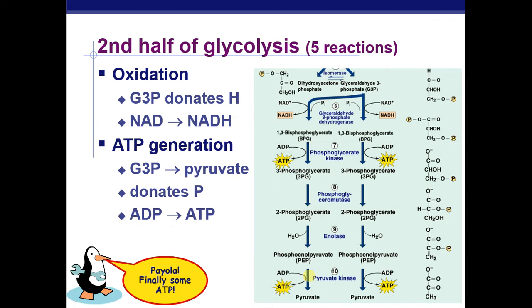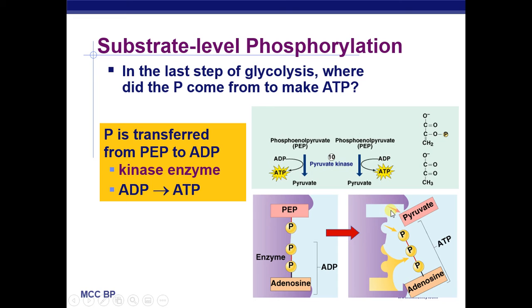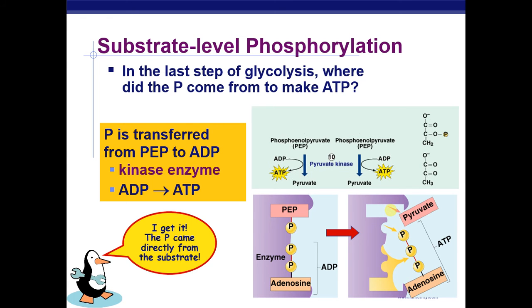Okay, and if we go back here, it's right before we get to pyruvate, right? Right before we get to pyruvate. So a special enzyme takes the phosphate group off of it and attaches it to ADP to make ATP.